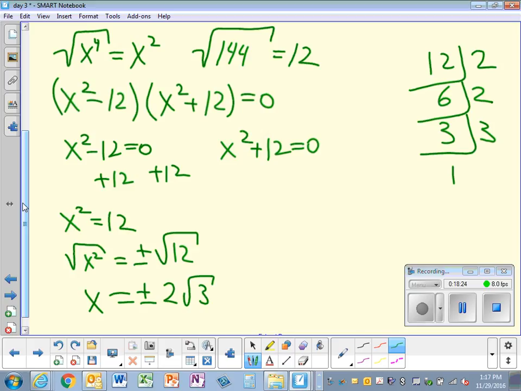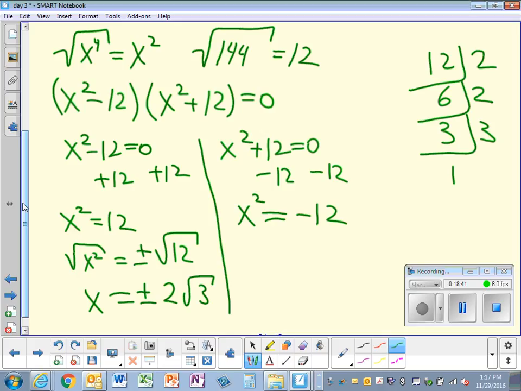I have 2 zeros, but I still need to solve this one. Doesn't it end up the same? Almost, right? Here is minus, here is plus. So x squared equals negative 12.